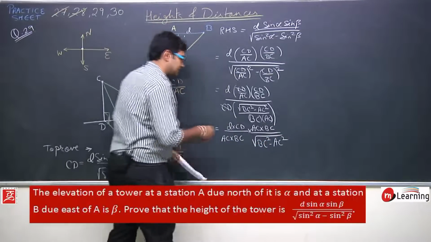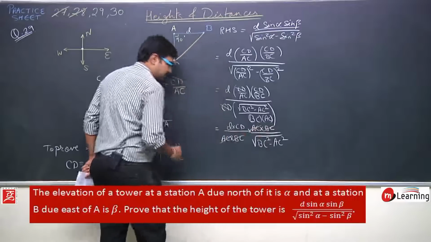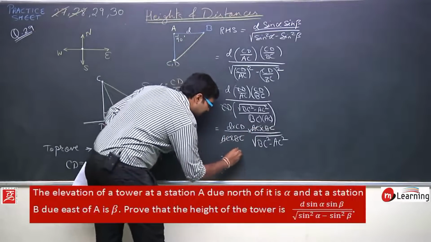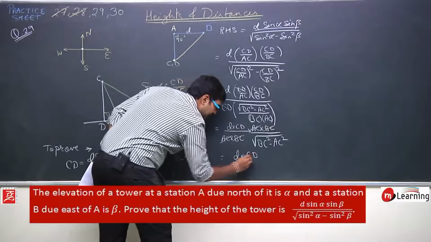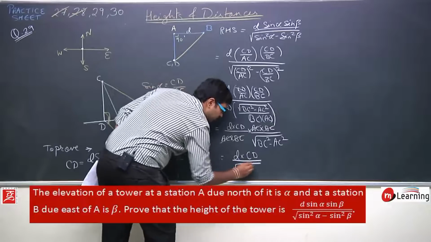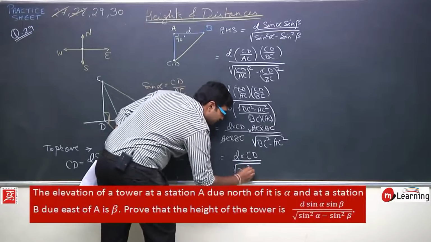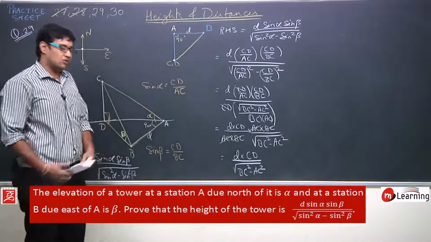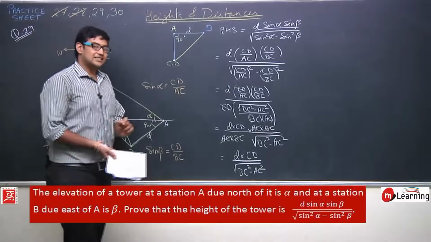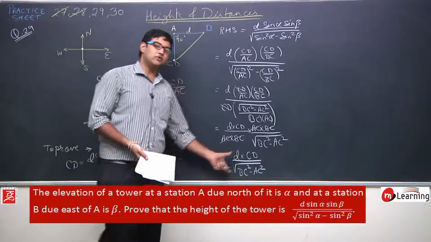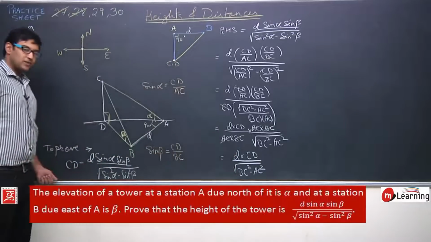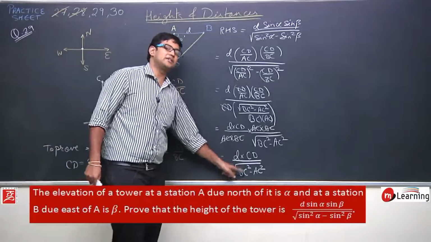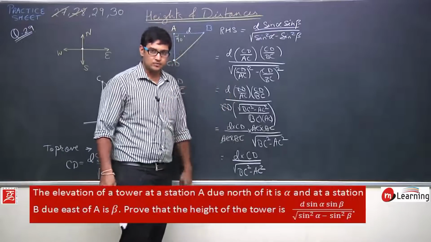I can cancel this AC BC and AC BC, and I will be left with D times CD upon square root of BC square minus AC square. Now my task is to prove this condition equal to CD. It means somehow I need to eliminate this D and this BC square and AC square.